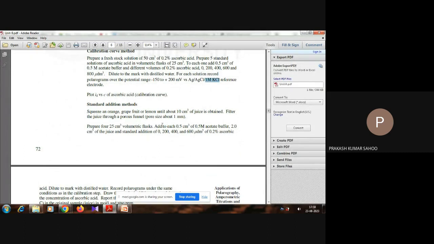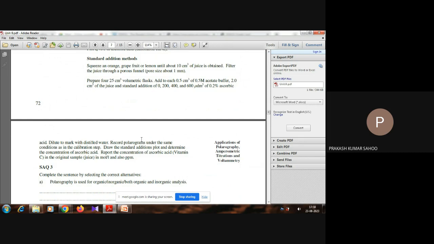Squeeze an orange, grapefruit or lemon until about 10 milliliter of juice is obtained. Filter the juice through a porous funnel. Prepare 4 25 ml volumetric flasks. Add to each 0.5 milliliter of 0.5 molar acetate buffer, 2 milliliter of juice, and standard additions of 200, 400, 600 microliter of 0.02% ascorbic acid.